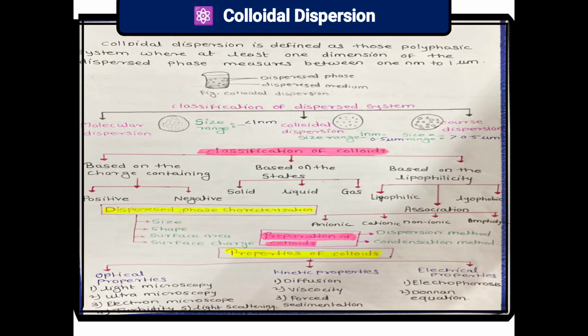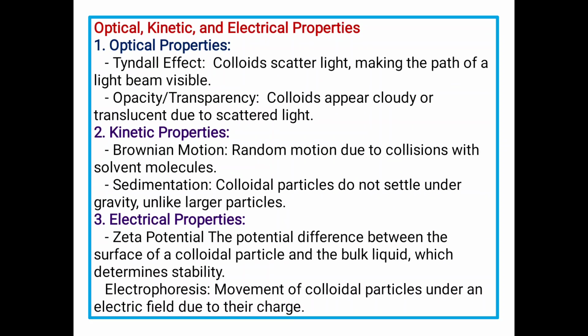Anionic means negative charge, cationic means positive charge, non-ionic means no charge, and amphoteric means both charges. Dispersed phase characterization: size, shape, surface area, surface charge. Properties of colloids: optical properties, studied by light microscopy, ultramicroscopy and electron microscopy; kinetic properties, diffusion and viscosity; and electrical properties, electrophoresis.